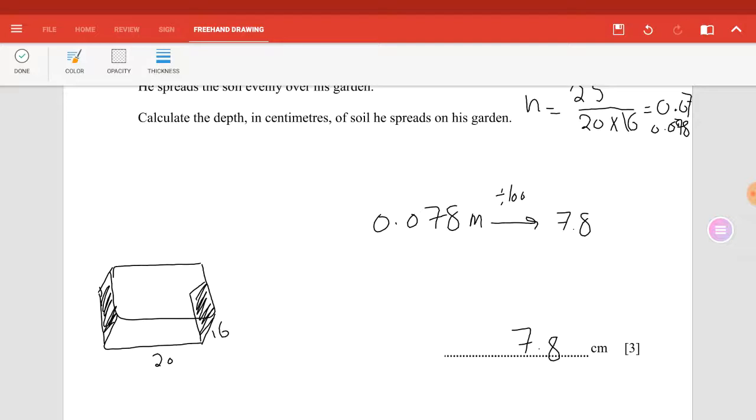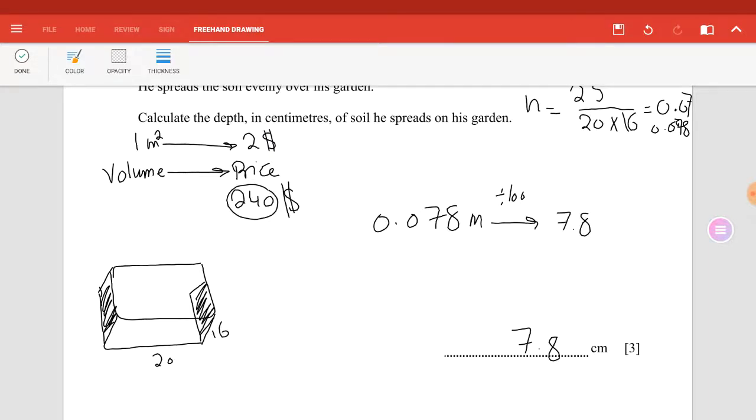If I gave you the volume of the water with the price, then I gave you $240, and I told you that each 1 meter cube costs $2. So if you bought water with the 240, what will be the height of the water in the pool?